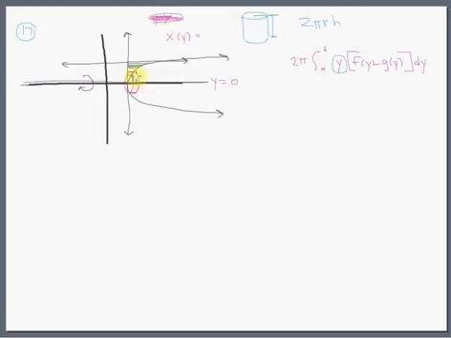See how this cylinder is actually sideways like this. So the height of the cylinder is the distance between these two equations. Now that distance between those two equations is different at every y point, right?